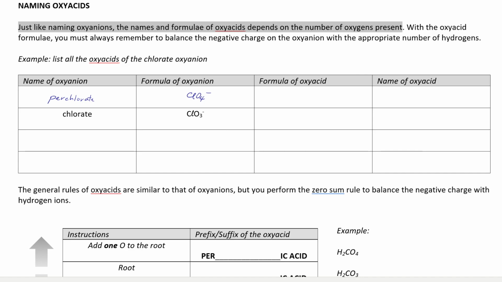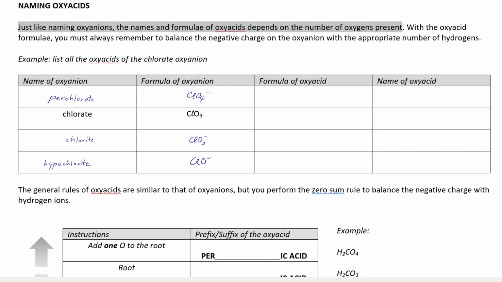If we drop an oxygen from chlorate, ClO2 minus, that's called chlorite. And if you have ClO minus, that's called the hypochlorite ion.